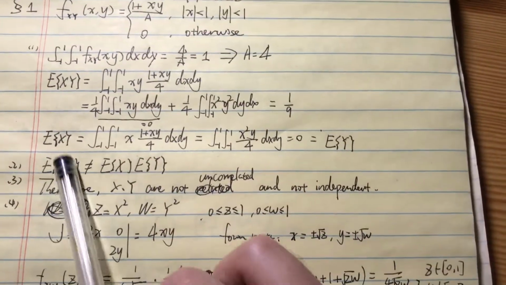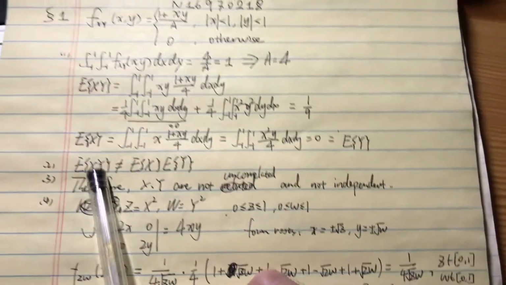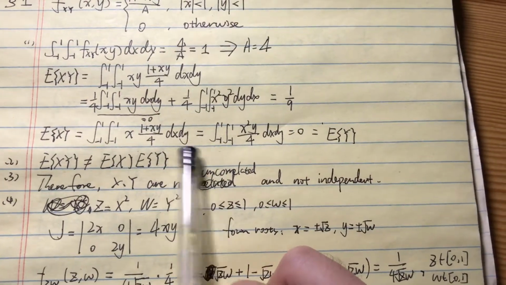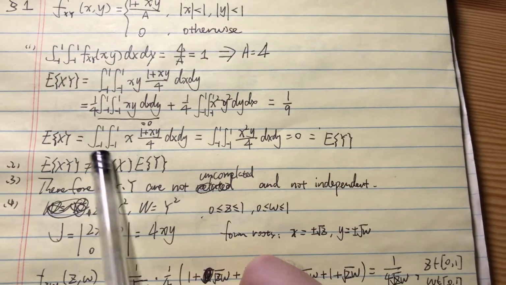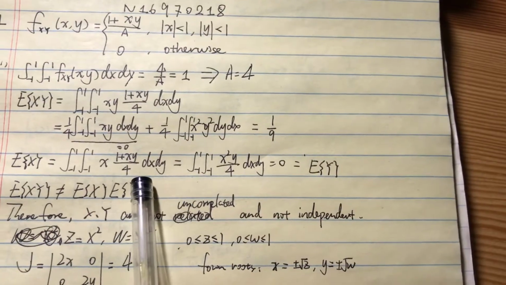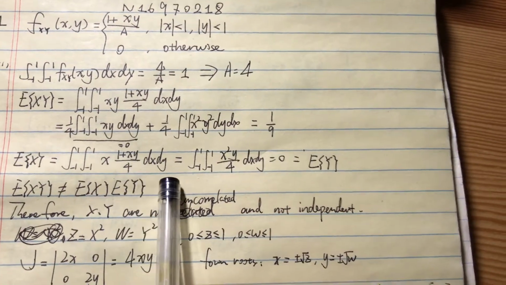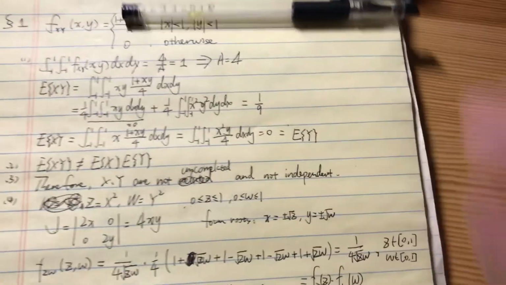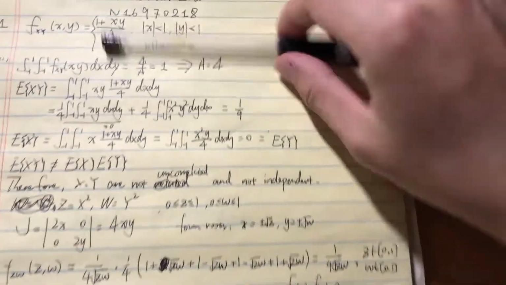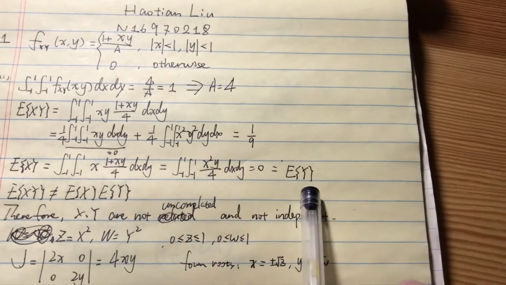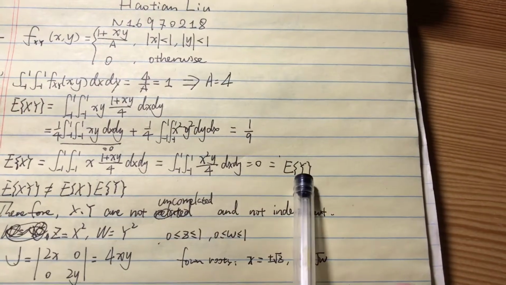And the later one, the final result is 1/9. Then we do the mean of x, and this function is an odd function, so the final result is 0, and it is the same way with the mean of y.